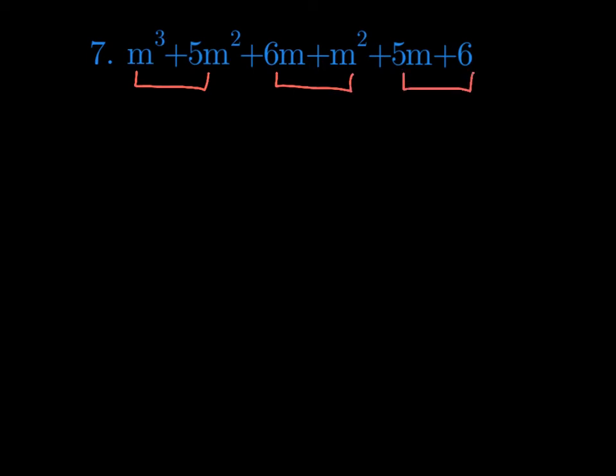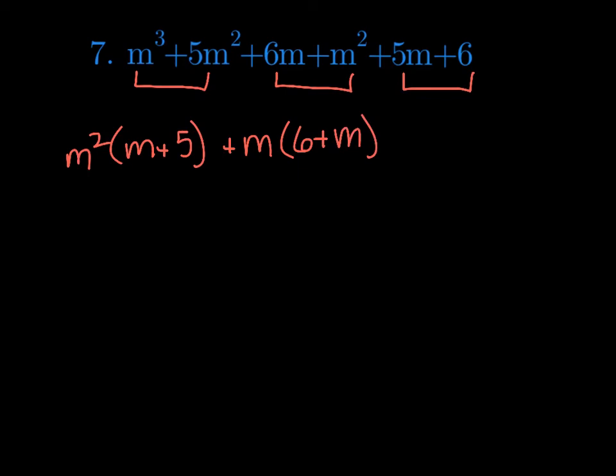So my first grouping of 2, I would say, oh, okay, well, they have an m squared. So let me take that out, and I get m plus 5. Good, right? Okay, but now let's look at that middle grouping. And I would say, well, they have an m in common, so let me take that out, and that would leave me with 6 plus m.